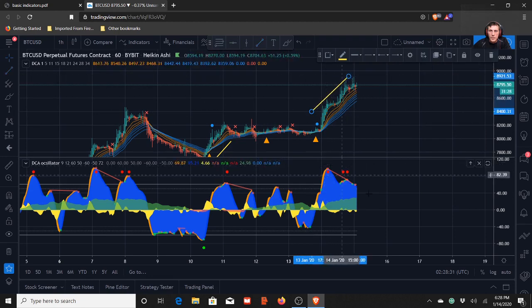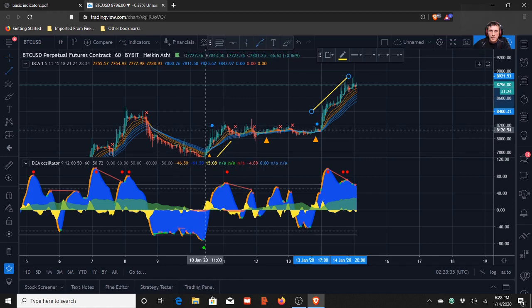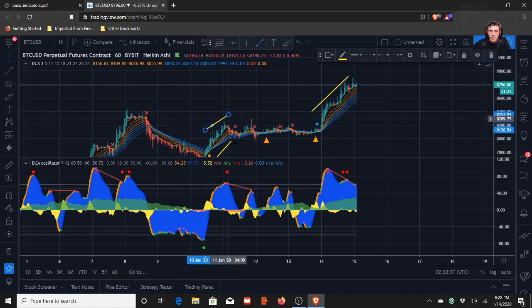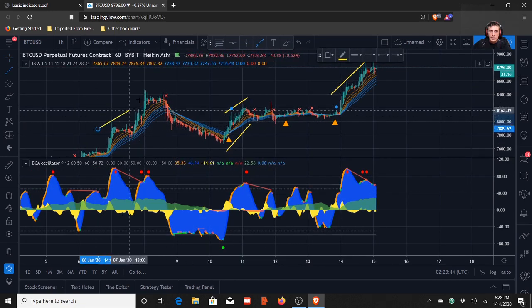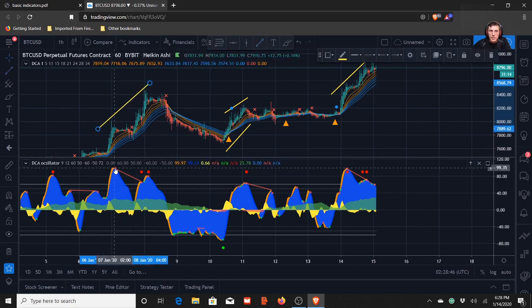Oscillator going down. Candles going up. Oscillator going down. Candles going up. Oscillator moving down.